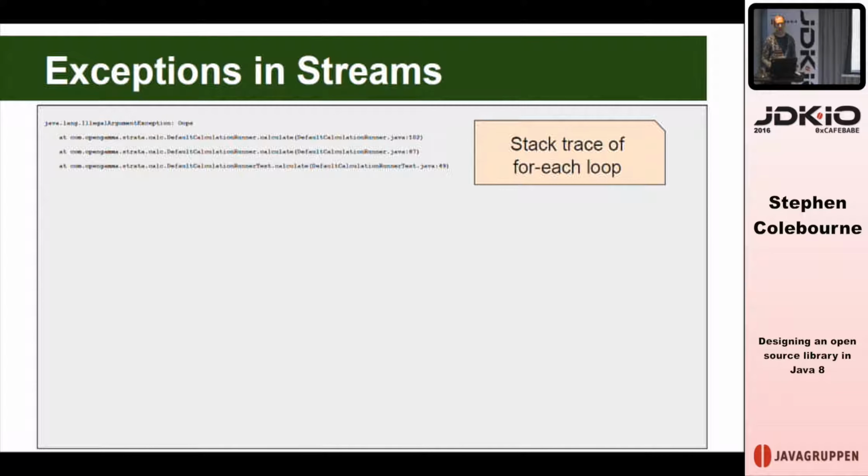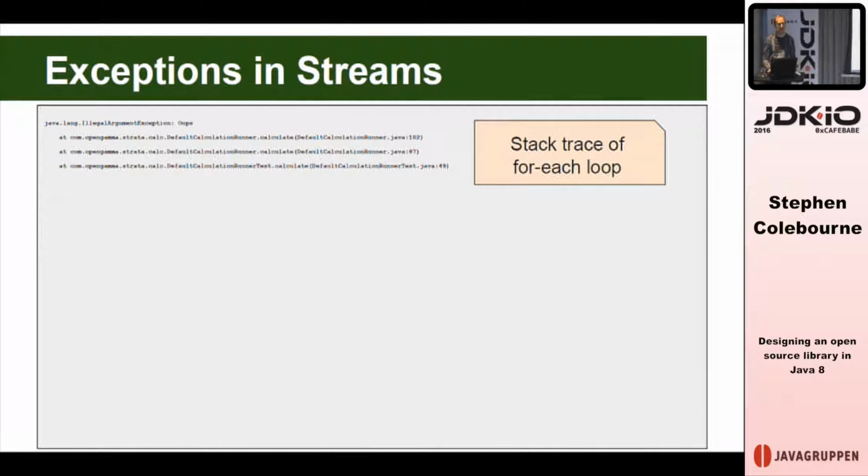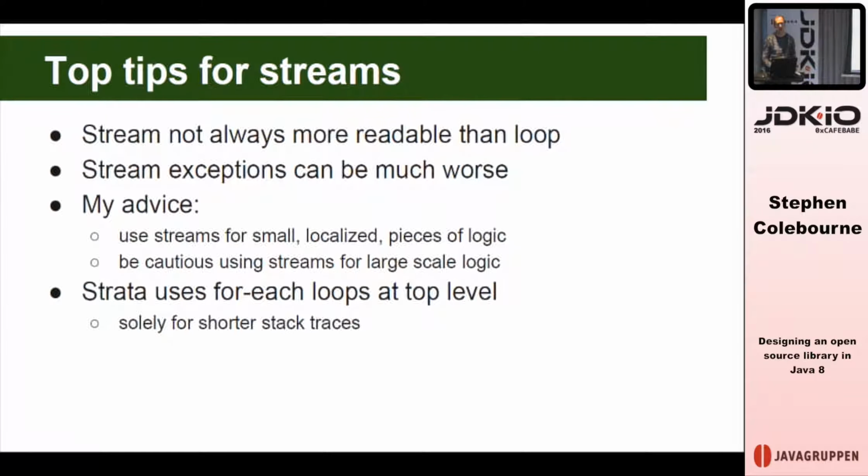Now, here is the stack trace of a for each loop within a for each loop. It's clear which is more pleasant if you're getting stack traces out of your system. So be careful with streams. They are not always more readable than a loop, and the exceptions certainly are worse.